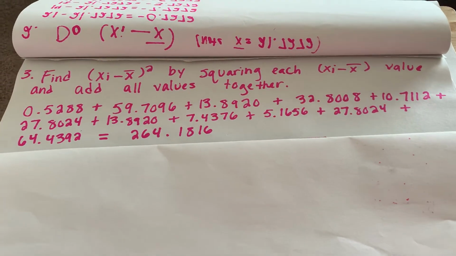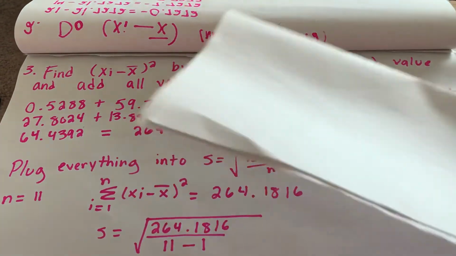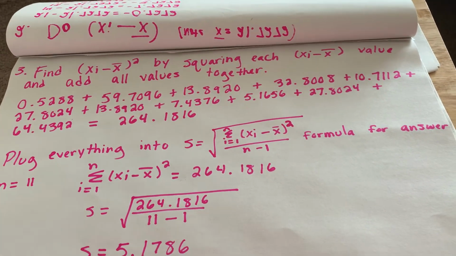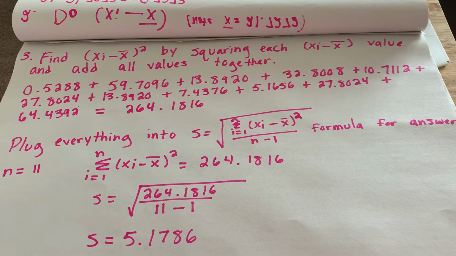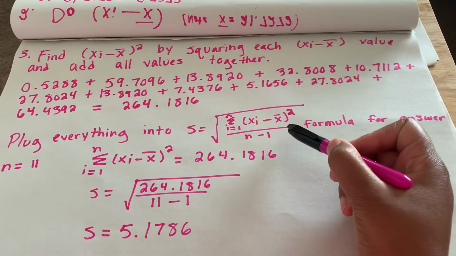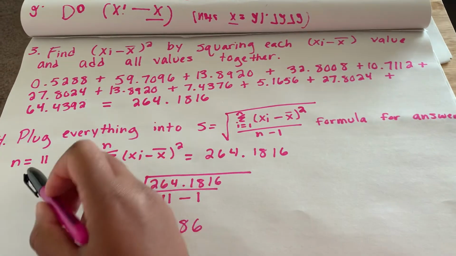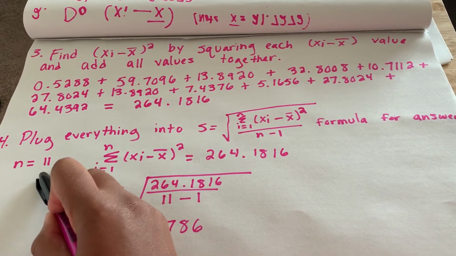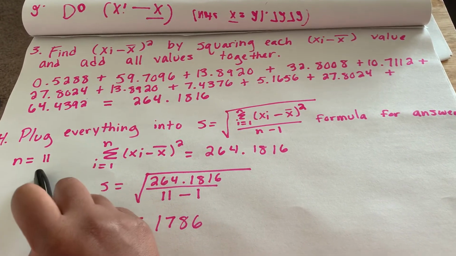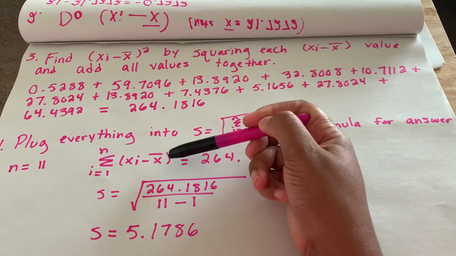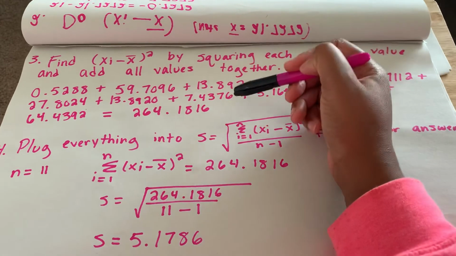So that is going to be everything that we need in order to compute this formula. So now we can plug in and find our standard deviation. Remember, n is 11. That's how many data points there are. Our sum of the x_i minus x bar squared is from here.